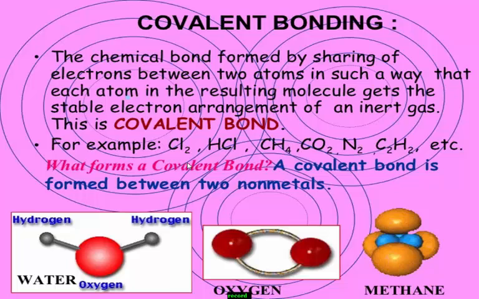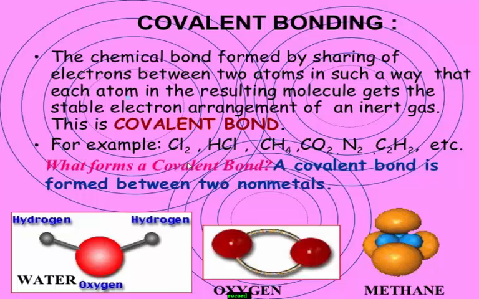Students, next, another different type of chemical bond, that is the covalent bond. When we come to the covalent bond, we remember one definition: the bond formed due to the mutual sharing of a pair of electrons between two similar or different atoms is called a covalent bond.